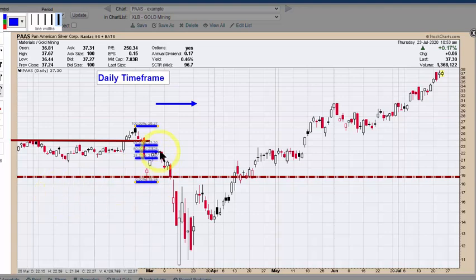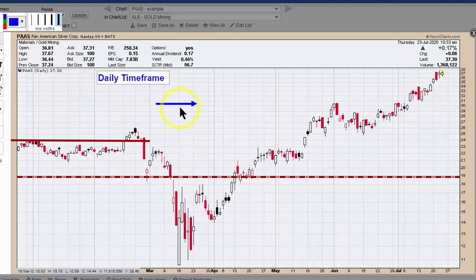A 50% retracement, or what's otherwise known as a halfback, is an objective level to try and get short. Okay? Let's say you did that. I'm going to fade this bounce. I got a 50% halfback, and I'm going to try to get short again.